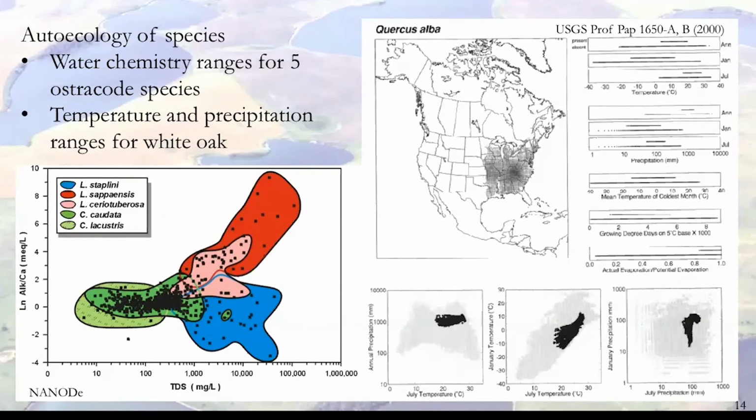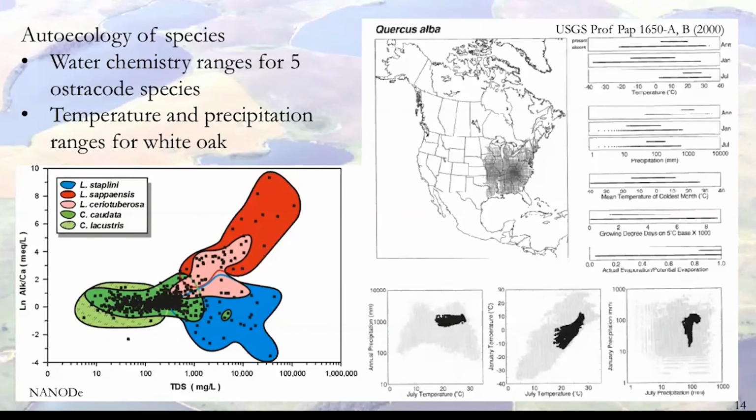Okay, and then USGS has the fantastic record looking at temperature and precipitation range for a whole bunch of trees, both deciduous and then white oak.